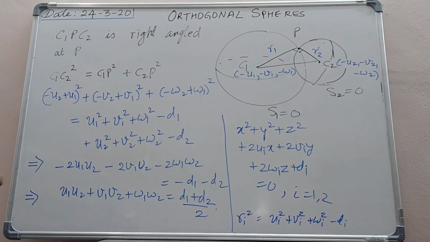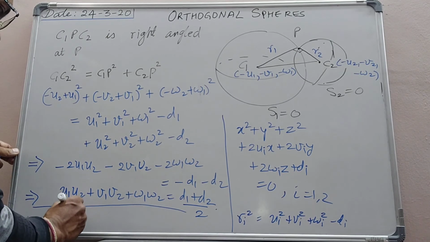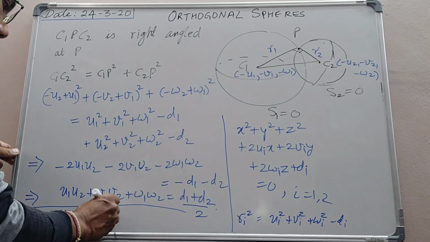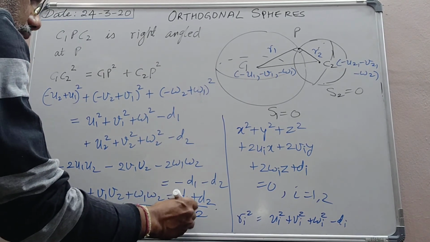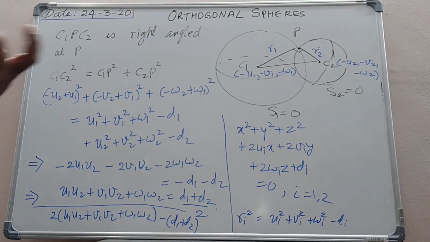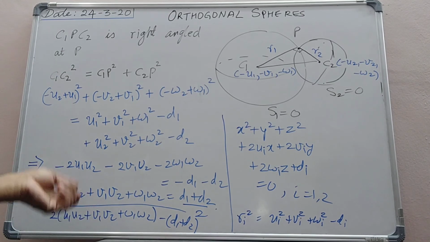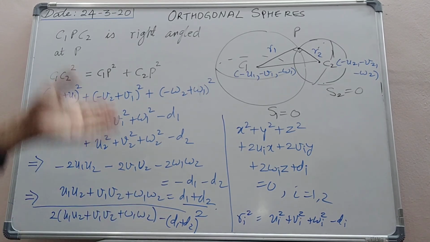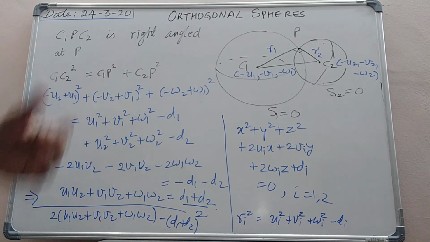So what was that quantity? That quantity was simply twice of u1 u2 plus v1 v2 plus w1 w2 minus d1 plus d2. All right, so that was the quantity which had appeared there. My remark at that time was the coefficient of lambda is somewhat interesting: if the coefficient is equal to 0, it says that the two spheres are orthogonal to each other. Now, that is the point I wanted to make.